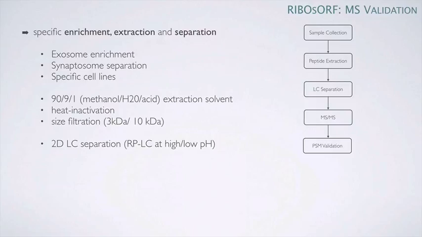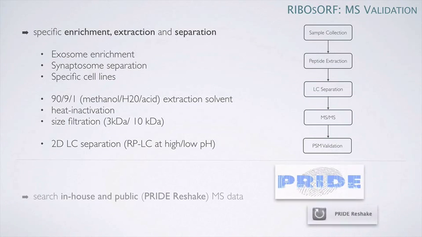And you can also use very long separation columns to really have as much as possible from your sample. So at all these levels, you can optimize. Another thing you can do, rather than going for specific analyses, is really bulk search everything which is available.